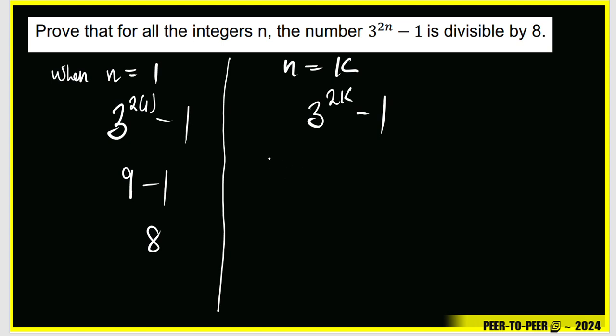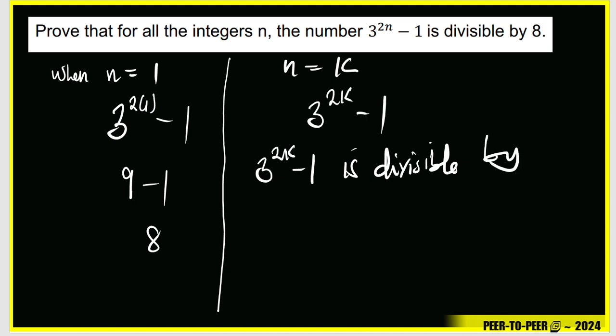So in that instance, we can say 3 raised to the power 2k minus 1 is divisible by 8.